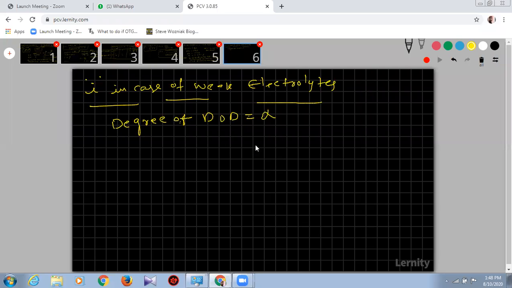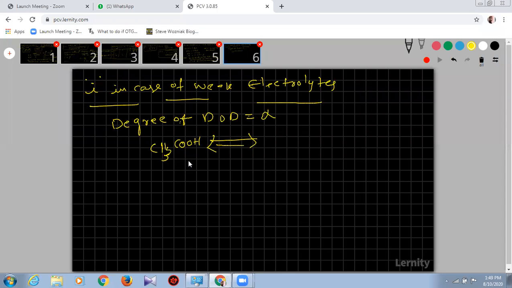So now I will take the earlier example, acetic acid. It dimerizes in benzene. But if I add acetic acid to water, it will act as a weak electrolyte.